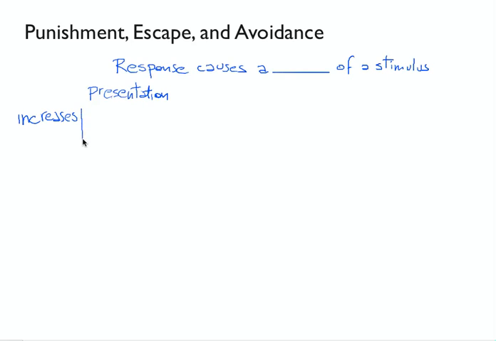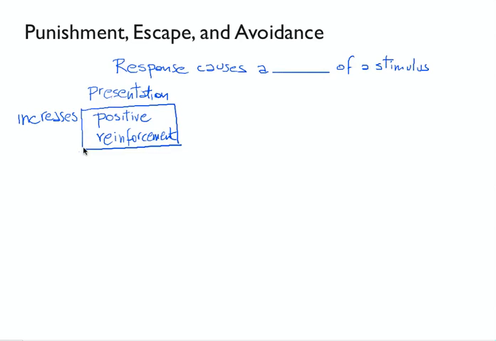And we refer to this arrangement as positive reinforcement. But if you think of it logically, there are at least 3 different ways in which responses and stimuli may be related.